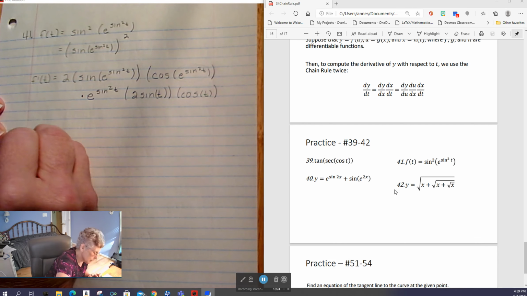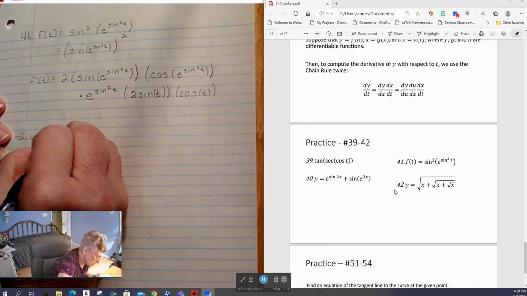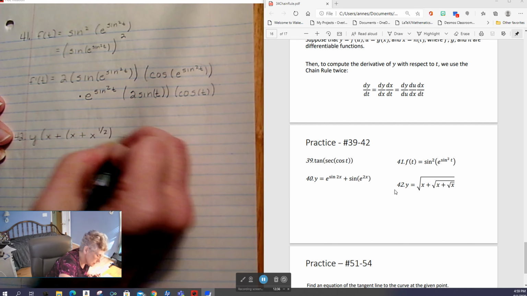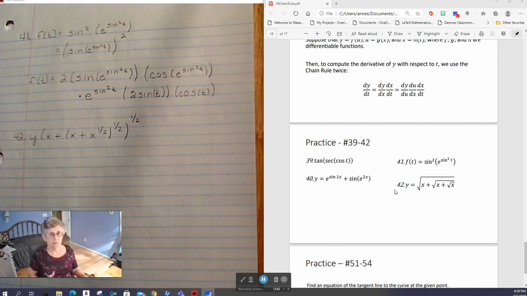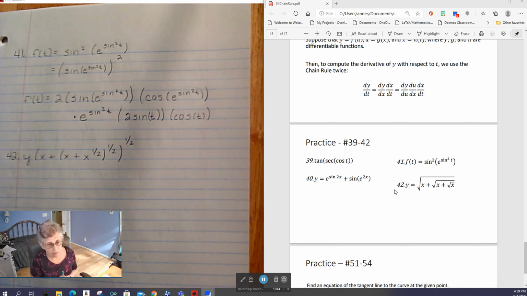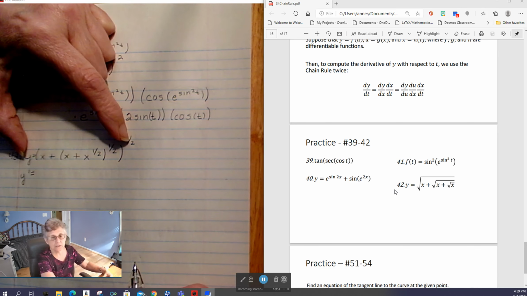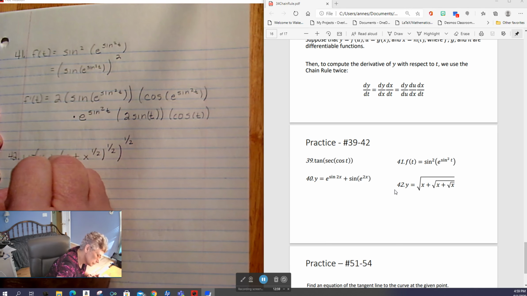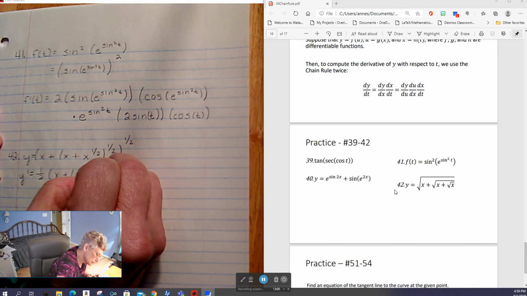Finally, I'm going to go ahead and write this as the square root of x plus, open up a set of parentheses, x plus x to the 1/2 to the 1/2 to the 1/2. I don't know which is uglier, all those exponents or all those radicals. Outsidest function first, 1/2 falls down. Inside stays exactly the same.